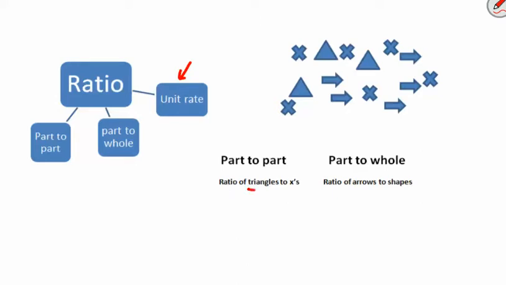So let's look at what my ratio of triangles to X's is. I have 1, 2, 3 triangles, to 1, 2, 3, 4, 5, 6 X's. Okay, obviously that could be simplified to a 1 to 2 ratio.